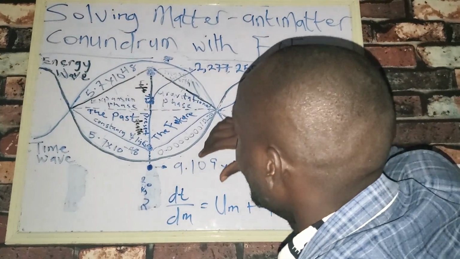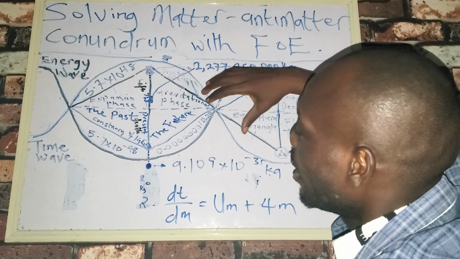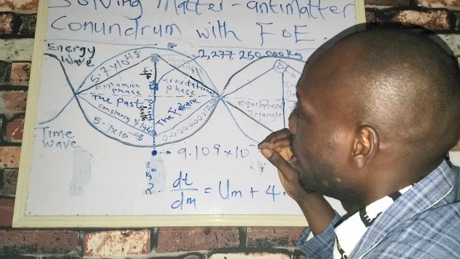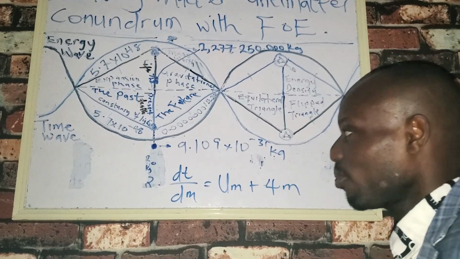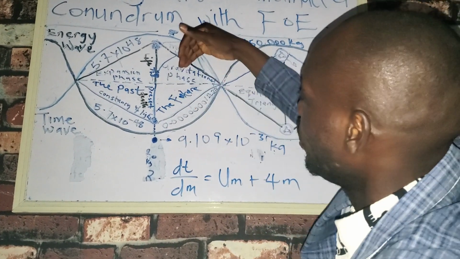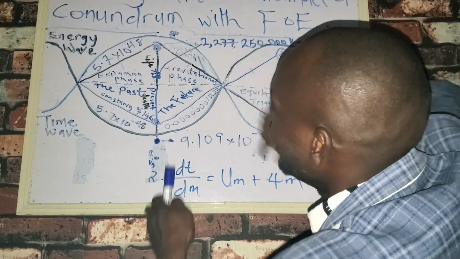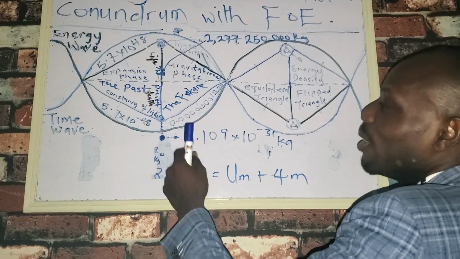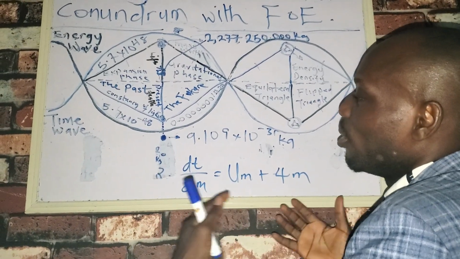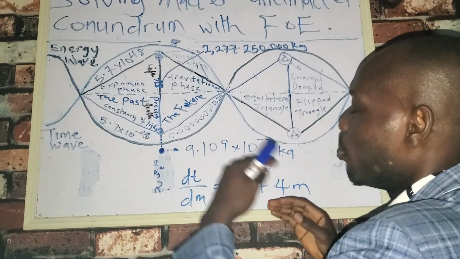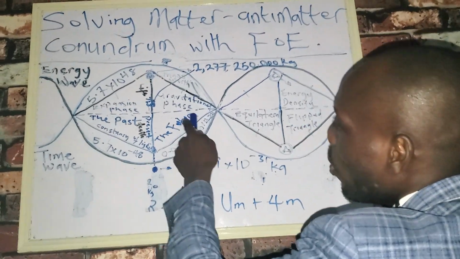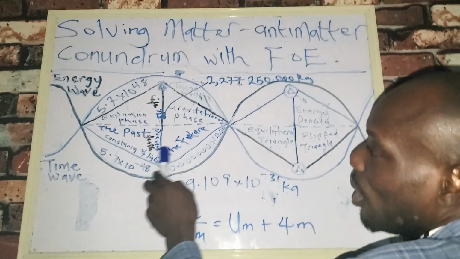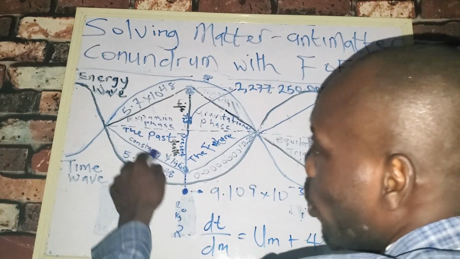The only phase where positron is operational is in this gravitational phase. And so we have that decaying of positron or electron to be continuous. And so what we have here is nuclear fission, and here we have nuclear fusion.